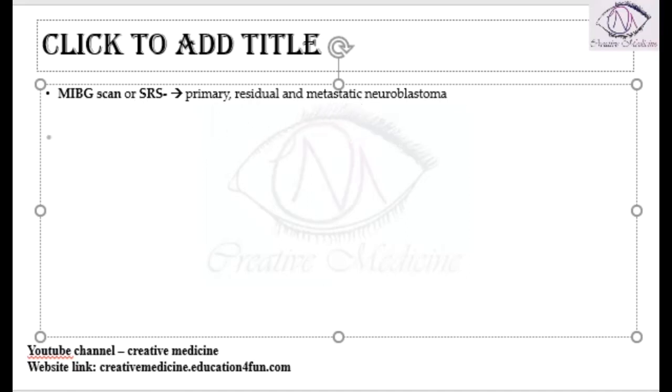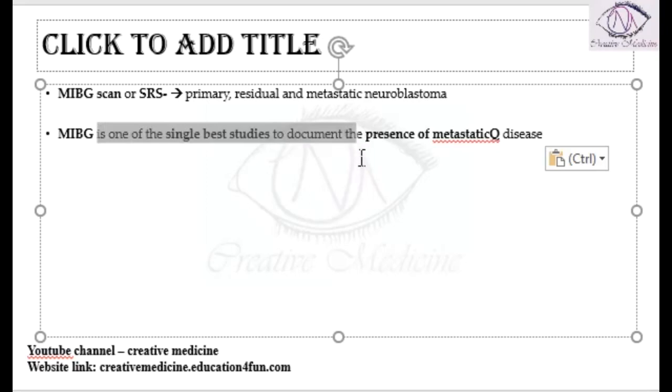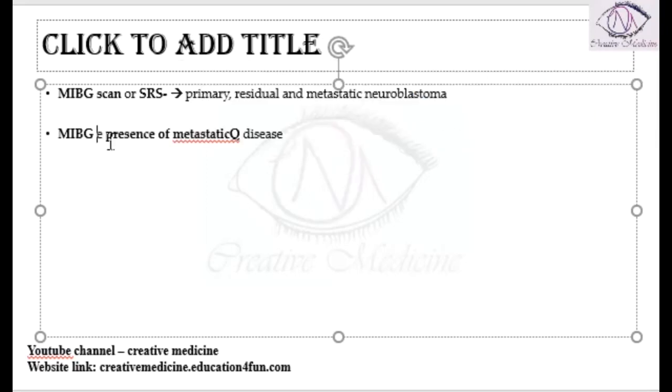MIBG is one of the best studies for metastatic disease. So if you are asked what is better for metastatic disease, MIBG is better for studying the metastatic disease of neuroblastoma.